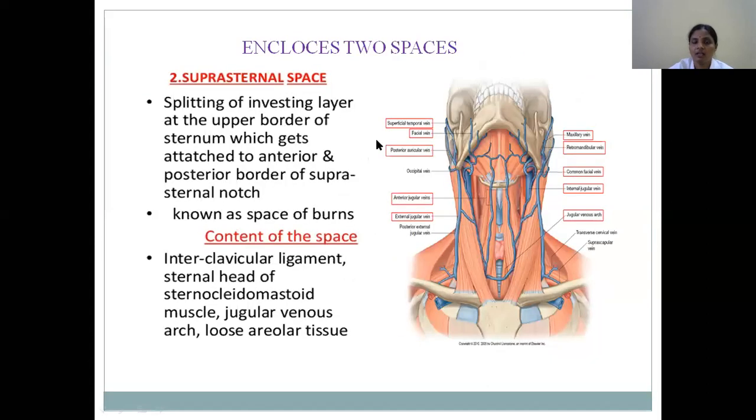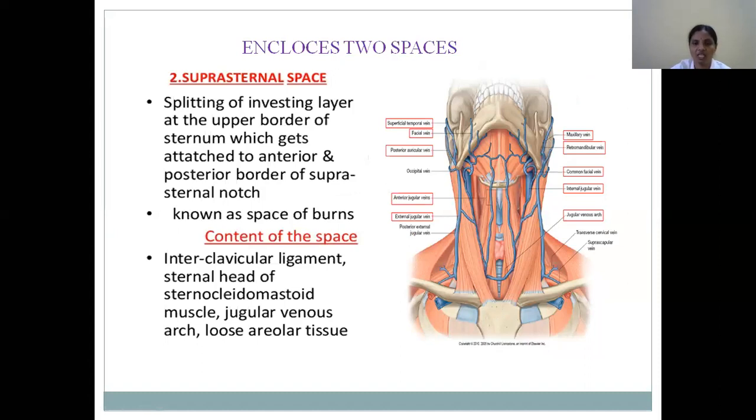Then the investing layer encloses two spaces. If you see the horizontal extension of this deep fascia, exactly just above the manubrium, you can see a notch, that is the suprasternal notch. The manubrium of the sternum presents a notch which is known as the suprasternal notch.